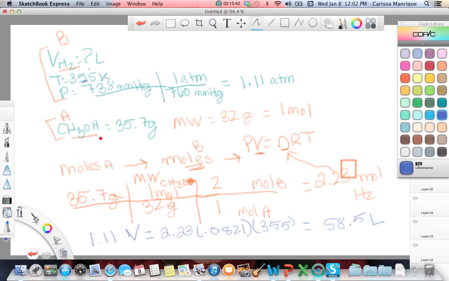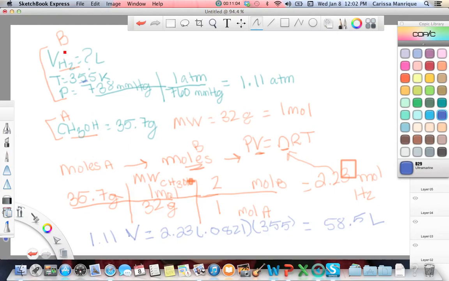Okay, so the big thing we need is moles of each. I got moles of methanol, A, by just converting from grams to moles. I got moles of hydrogen by doing a mole-to-mole ratio. And then I plug that finally into PV equals nRT.